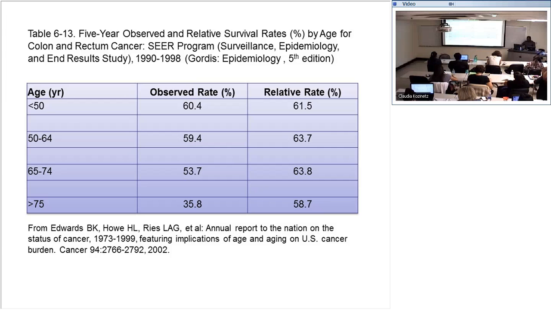And then when you get to those who are 75, you could see a large difference between the observed survival rate and the relative survival. Here, obviously, there's not much difference between the observed survival and the relative survival.